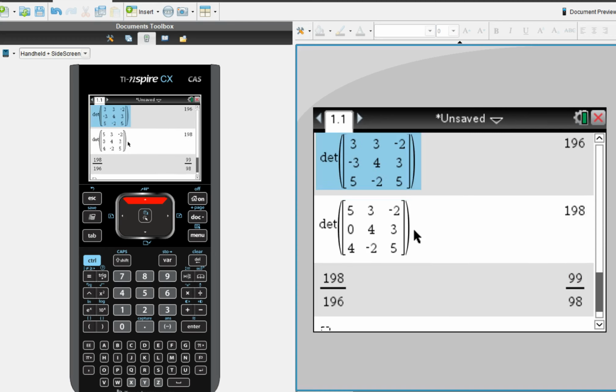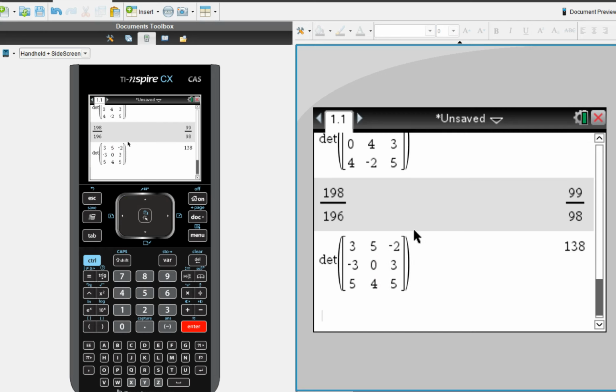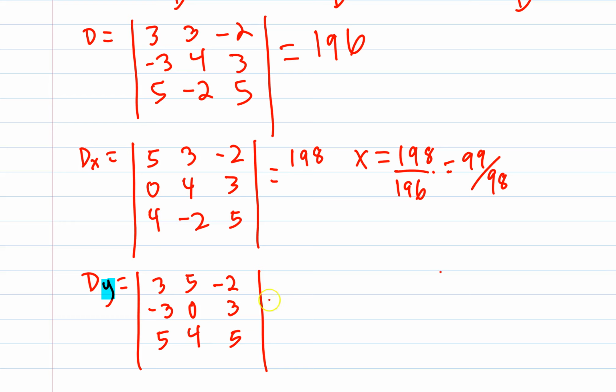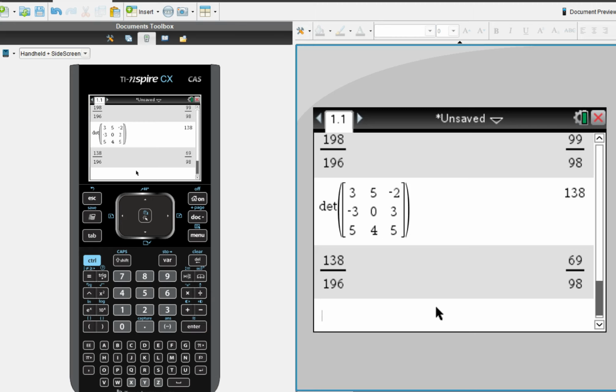Take our original matrix and just replace the middle with a 5, a 0, and a 4. 138. So how would I then solve for y? Y is equal to 138 over 196, or 69 over 98.